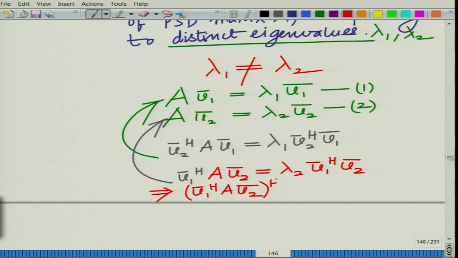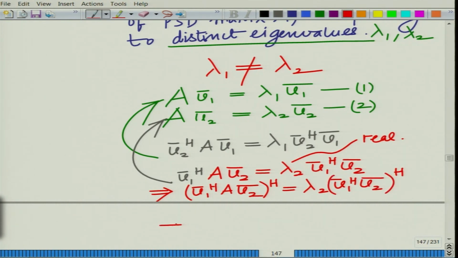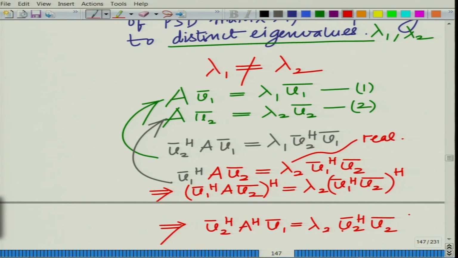So, u1 bar Hermitian A u2 bar equals, now we have already seen this is a real quantity, eigenvalues are real. So, this remains lambda 2. So, u1 bar Hermitian u2 bar Hermitian. So, this implies u2 bar Hermitian A Hermitian u1 bar equals lambda 2 u2 bar Hermitian u2 bar.